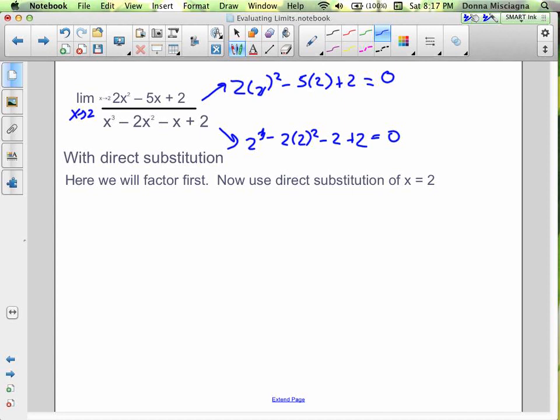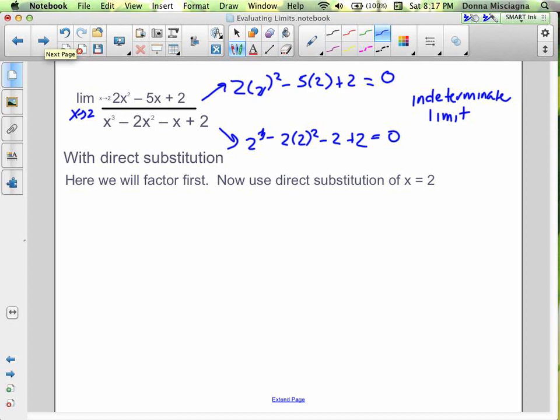So this is an indeterminate limit. We don't know anything based on that answer, except for one thing: because this is a rational function, there's got to be a common factor in the numerator and denominator. That is the only thing we do know.